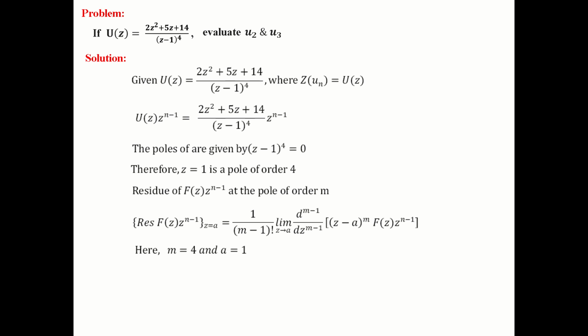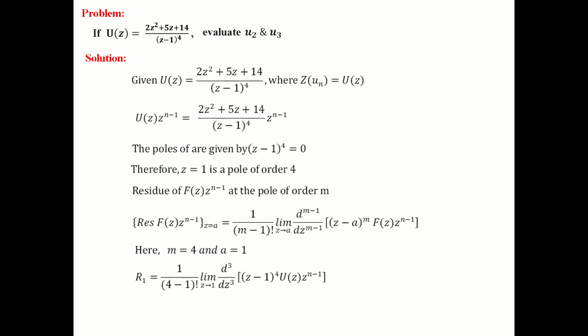So substituting, you will get the residue at 1, which is equal to 1 by (4 − 1) factorial, limit z tends to 1, d cube by dz cube, because m − 1 is 4 − 1, 3, right? d cube by dz cube of (z − 1)⁴ u of z into z^(n−1). So you have to find three derivatives.